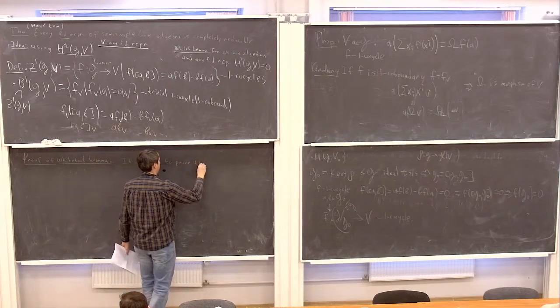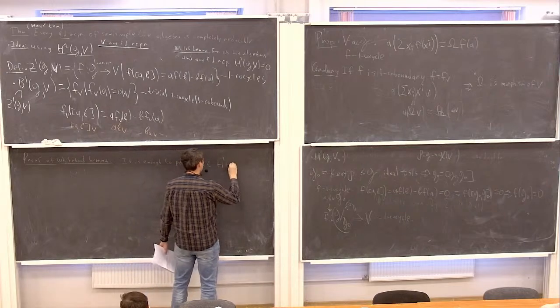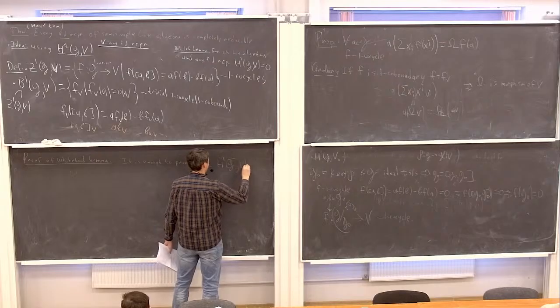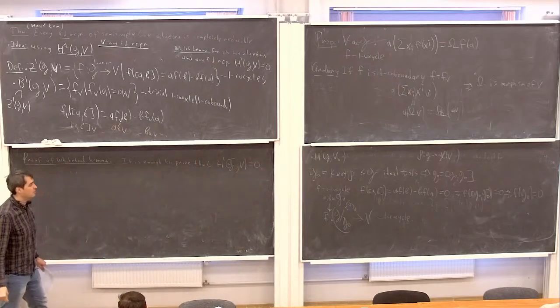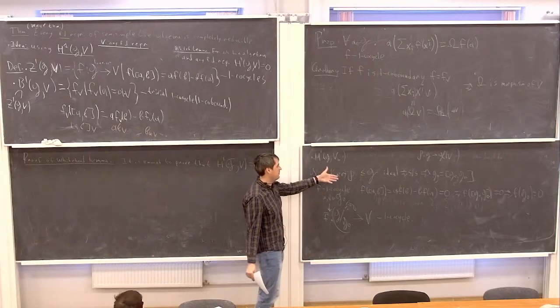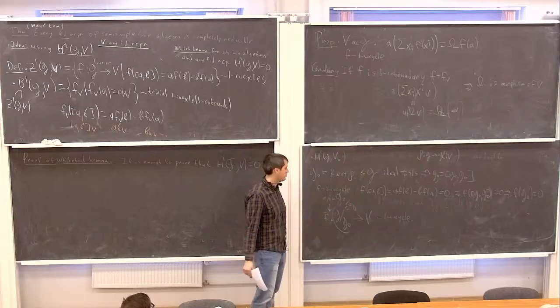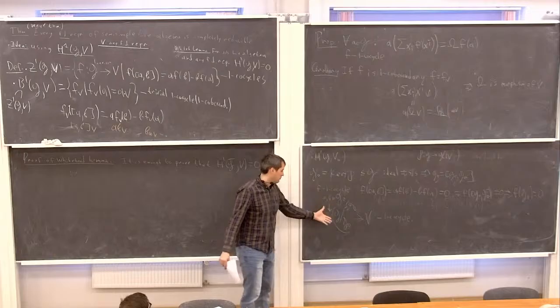that h1 of g bar, v is 0. Why? I just want to say that if you want to prove that h1 of g, v is 0 for any finite-dimensional representation, it's enough to prove it for g bar, for this factor.